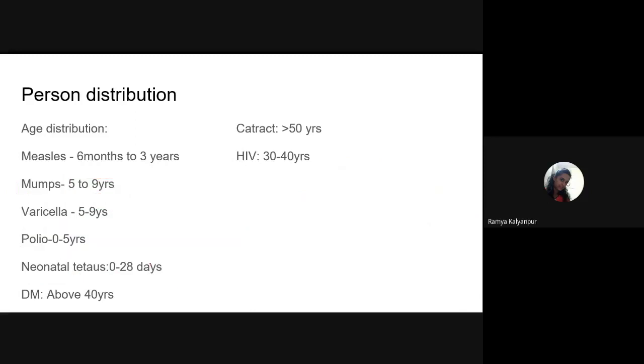Okay. Now, what is the definition of neonate? It can be asked for you: neonate, infant, and so on. So when do you call an individual a neonate? That is 0 to 28 days, the first 4 weeks after birth.